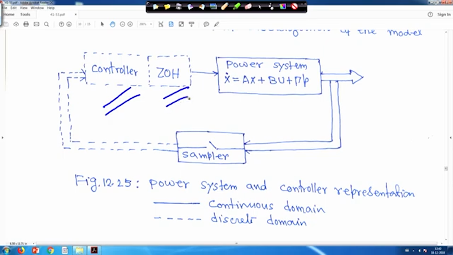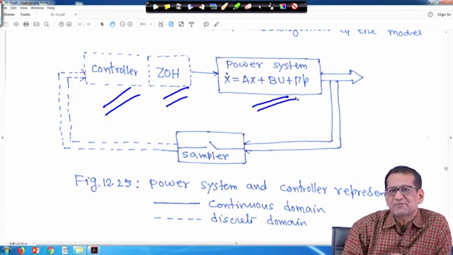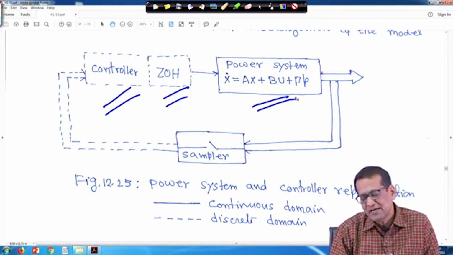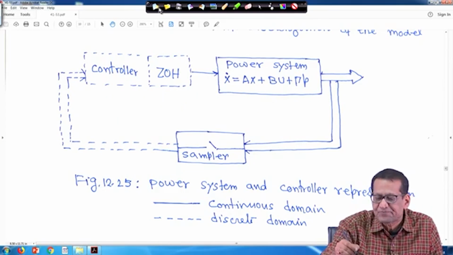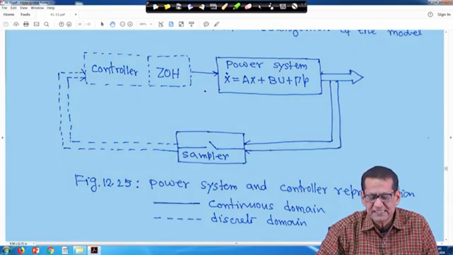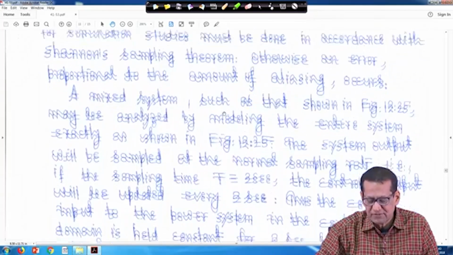That means after every sampling instant, if it is an integral controller, u will be evaluated and held until the next sampling instant comes, and the power system is a continuous system. So mathematically, you have to integrate it and follow some numerical methods. If the logic is like this, then we will come back to this.